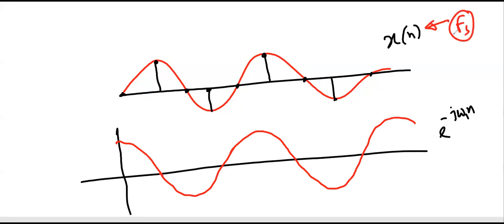We sample the xt with fs and we found xn. Similarly, we have this signal e to the power minus j omega, that is the signal omega 1.